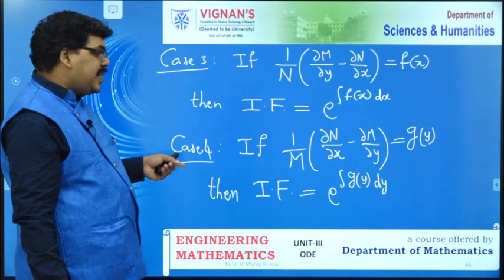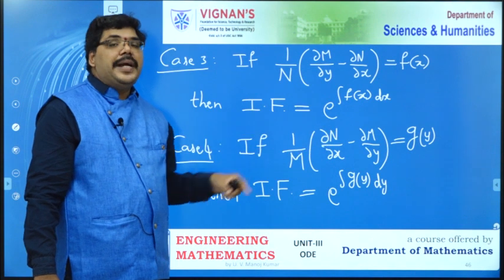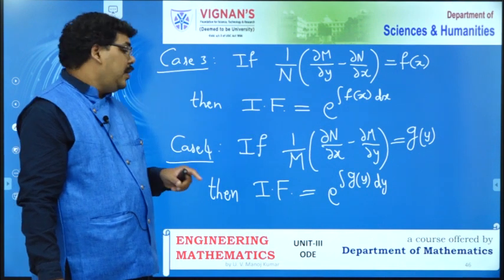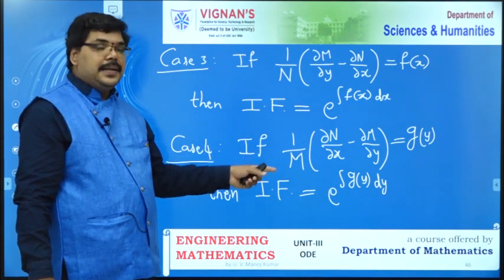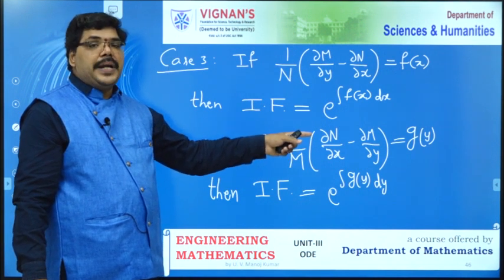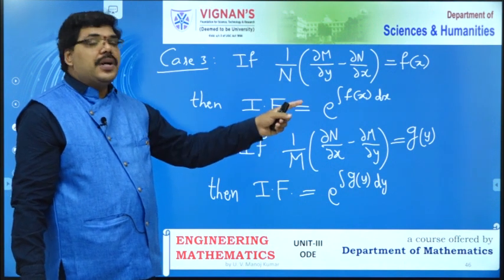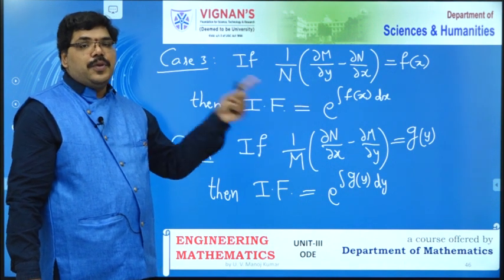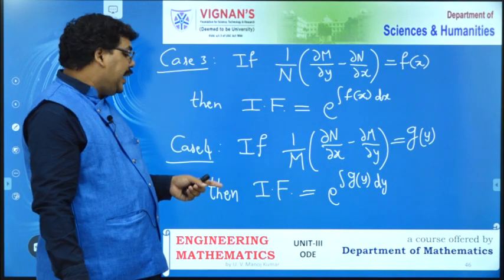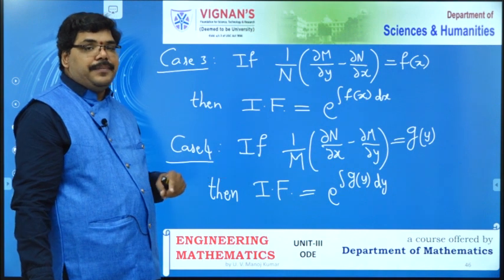Similarly, the fourth case is: find the difference between dou n by dou x and dou m by dou y. Divide that with m, that is, 1 by m into (dou n by dou x minus dou m by dou y). If this results into a function of a single variable y, then the integrating factor is e power integral g of y dy.